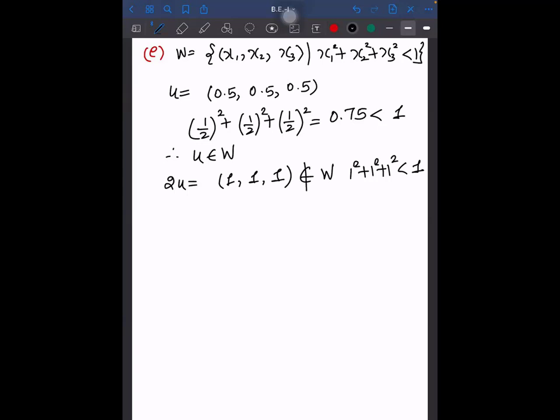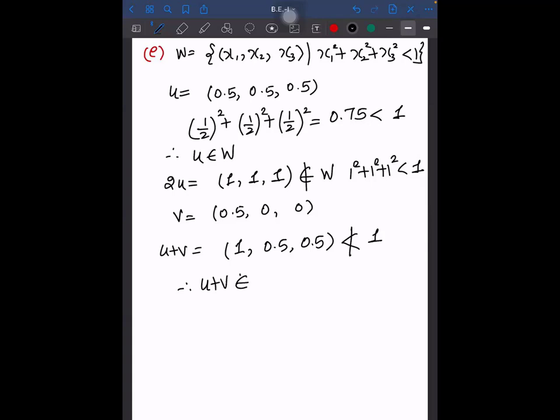Let's say you pick some V, which is (0.5, 0, 0). Now take U plus V: you get (1, 0.5, 0.5). Clearly the sum of squares is greater than 1, so it will not be less than 1. Therefore U plus V does not belong to W. So you have so many ways to prove this.